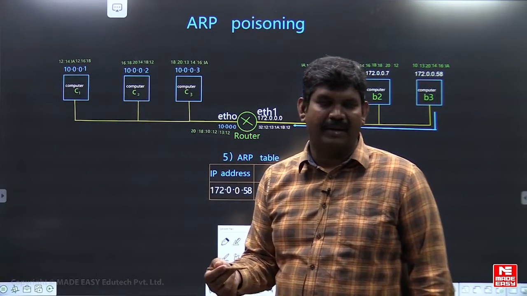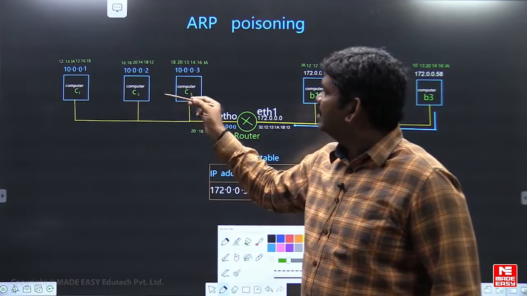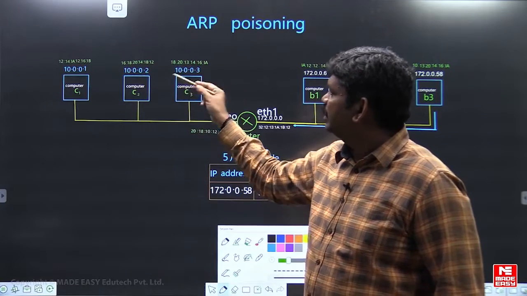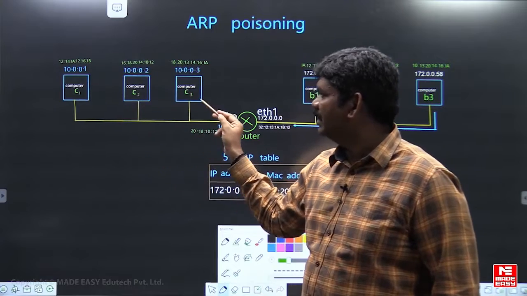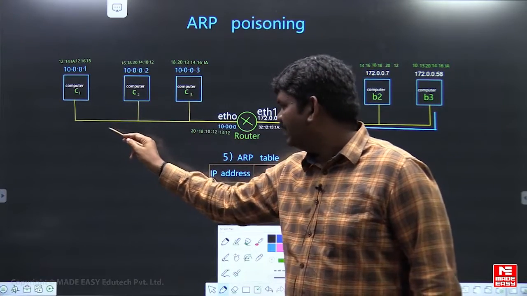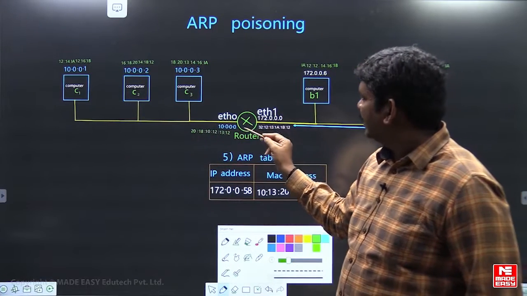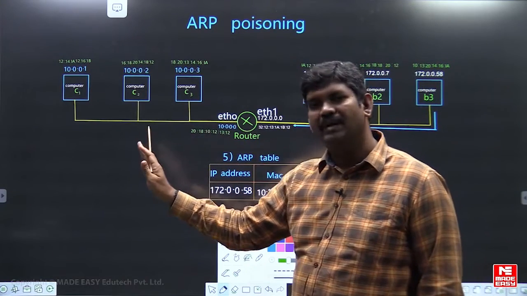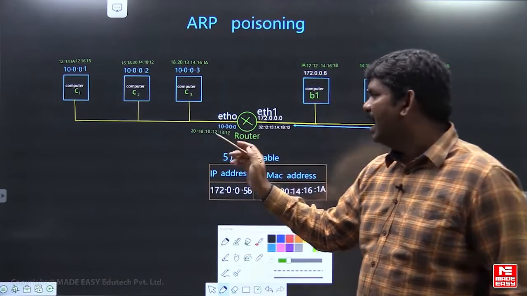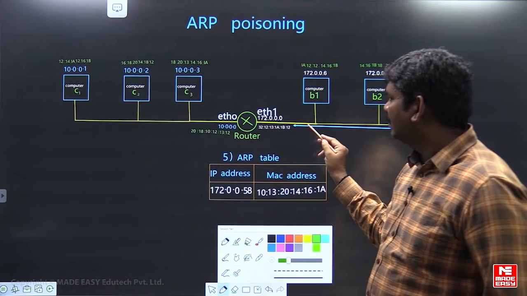I am just recollecting all the statements. Then C2, C3, nobody has replied because the destination IP is not matching with anyone. At that time, case 2, it is taken by the router interface. The router interface has removed the data link layer header, and that packet is forwarded by the router this side.